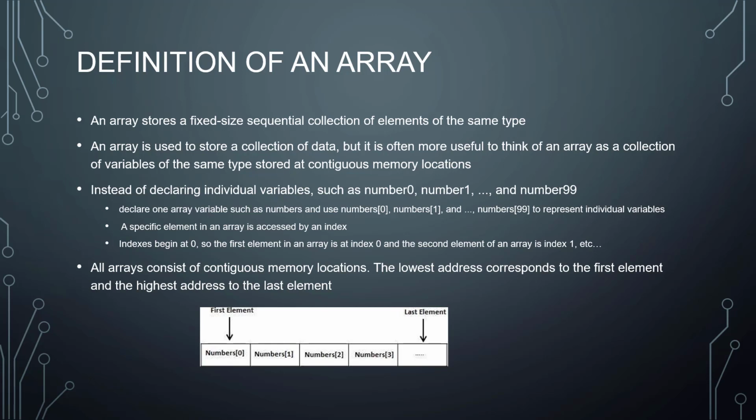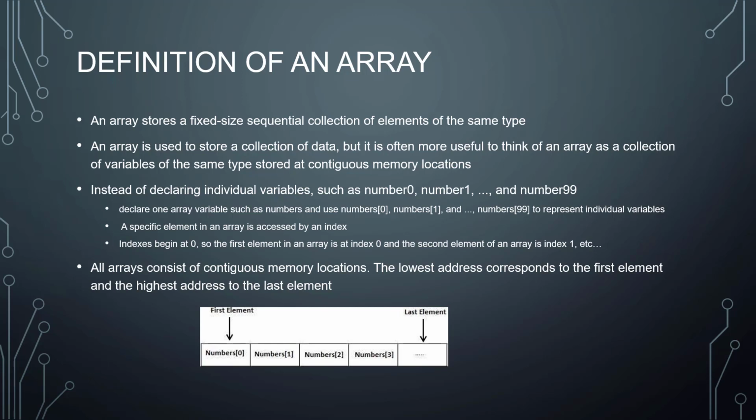Well, you could declare 30 different variables, or you could declare one array with 30 elements, and each one of those elements could store a score representing what an individual student has scored.